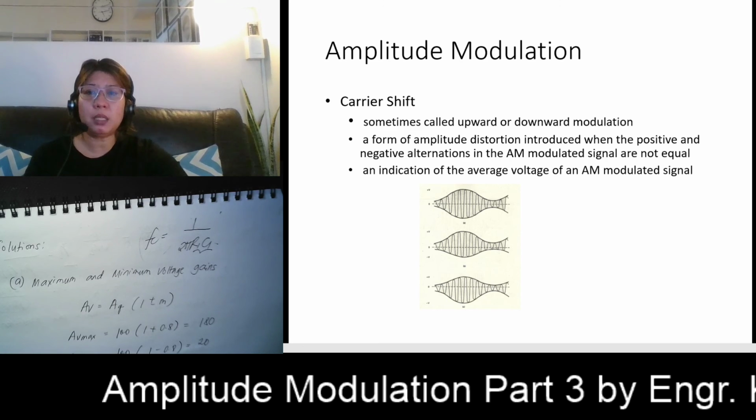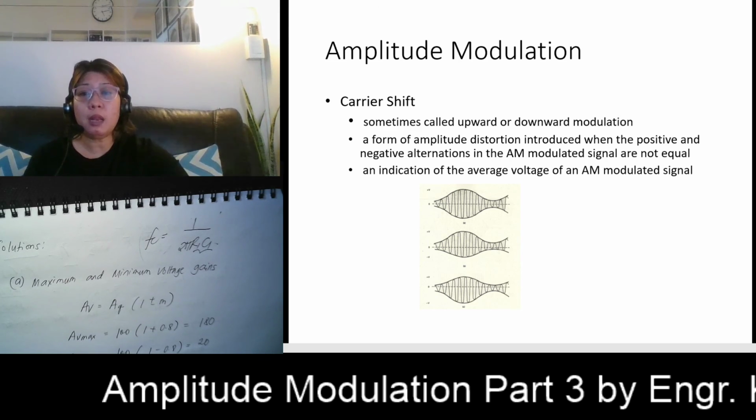So the positive alternation is equivalent to the negative alternation. For letter B, it is said to be a positive carrier shift. Why? Because your positive alternation is greater than your negative alternation. If we get the voltage average for this, we will have an average equivalent to a positive value. Here, our average is always equal to 0 for symmetrical.